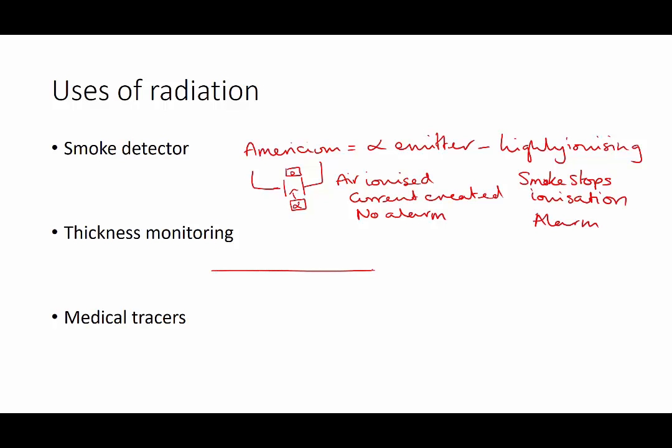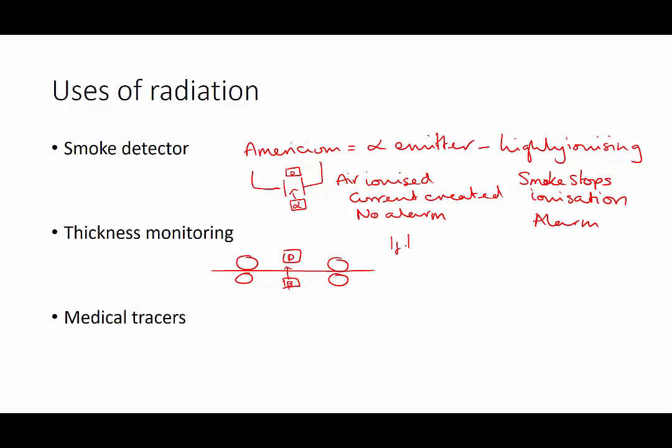In thickness monitoring, usually we're looking at paper or aluminium production. So what we have is the material going between a set of rollers and a beta source placed on one side of it and a detector on the other. If the thickness of the material increases, less beta can get through, so they move the rollers closer together to make it thinner.